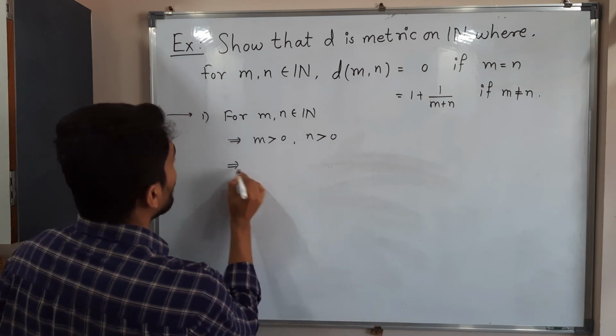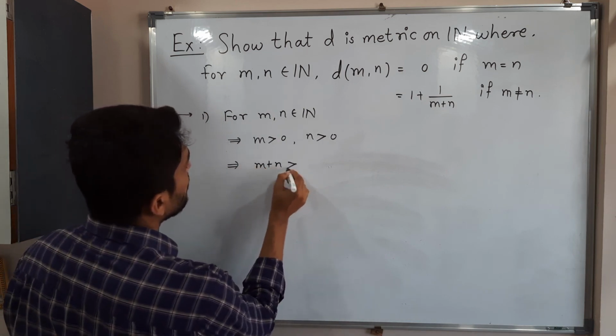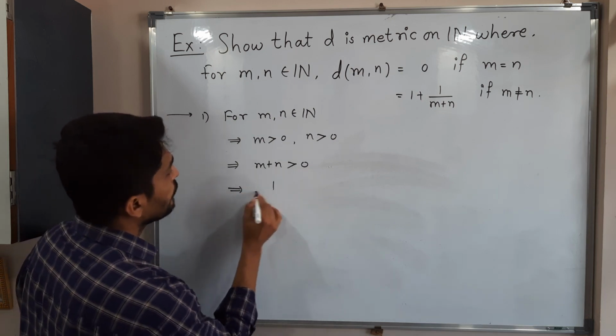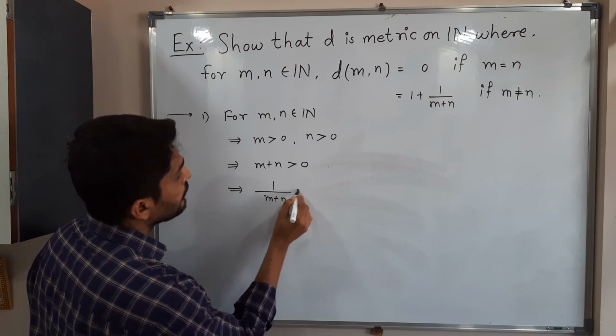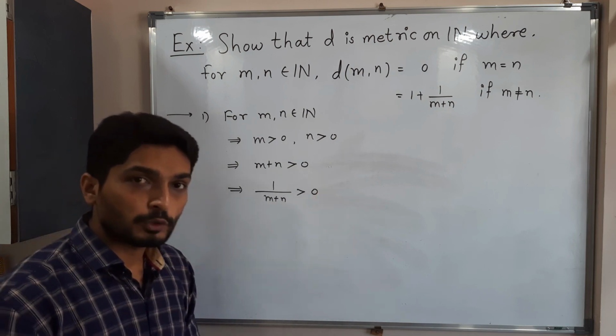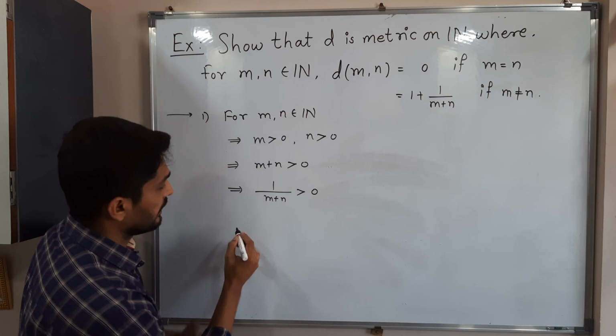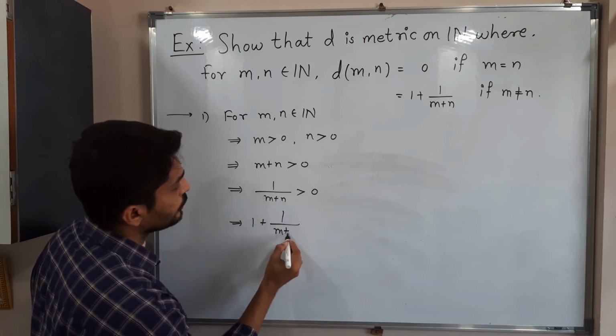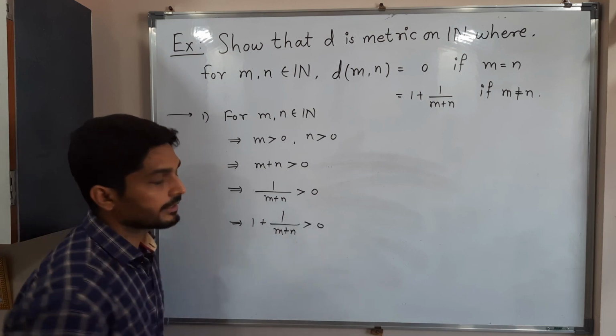If you add them, we also get a number greater than 0, that means a positive number. If you take the reciprocal, no problem: the reciprocal of any positive number is again a positive number. If you add 1, we have a positive number, since 1 is also positive and this number is also positive. So we get that this is greater than 0.